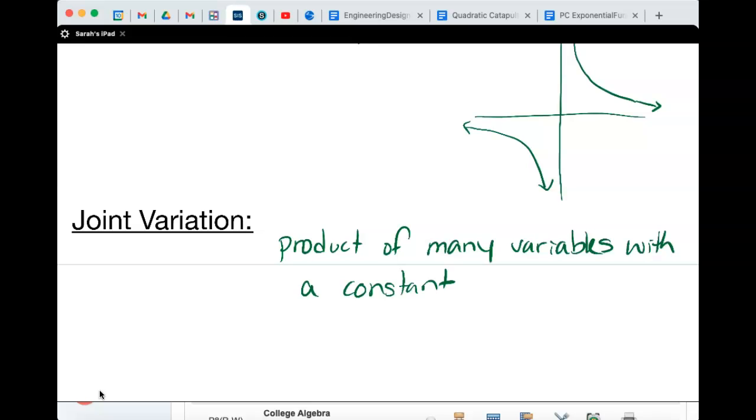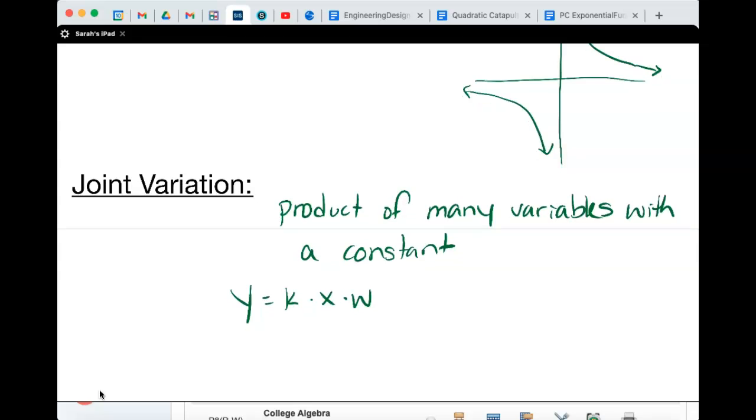So our standard format is y equals k times x times maybe w or z or whatever variable. That's going to be a k, so we're remaining consistent. I use a k with the other ones. So k is our number that's going to be in there for whatever it is. So we could have more than just two variables. We could have 3, we could have 4, we could have 5, we could have as many as they actually describe.